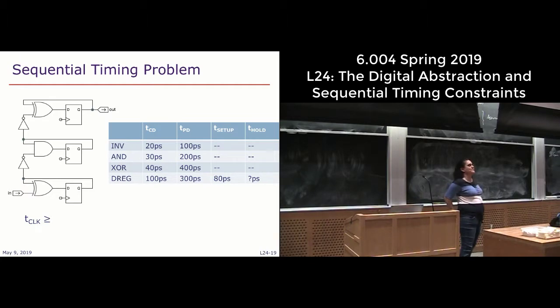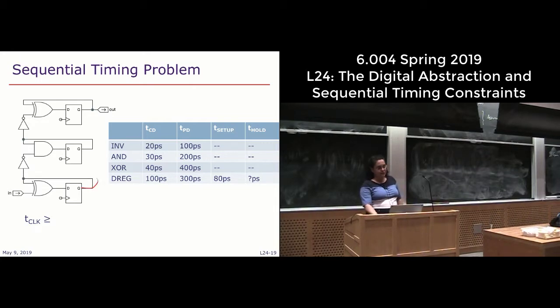What do I have to have enough time for? We said that we have to allow for the propagation delay of the register, plus the propagation delay of any combinational logic, plus the setup time of the next register. And I need to look at this in all register-to-register paths.